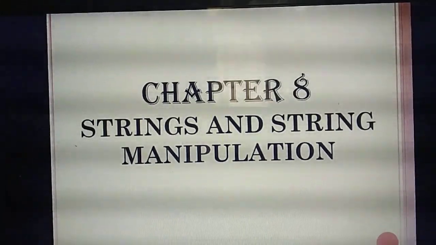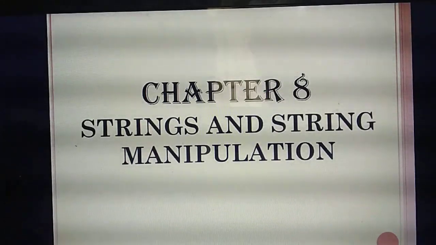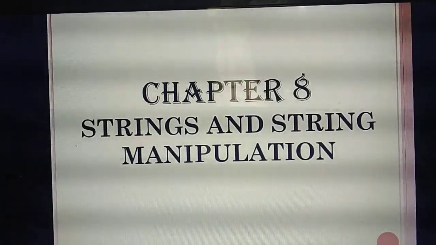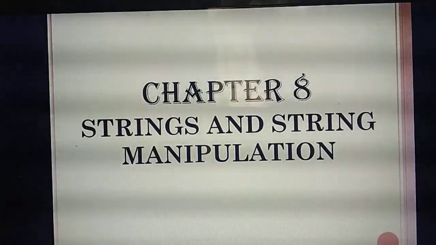I asked one question, types of scope or LEGB rule. If they ask a question like this, you should write the definition of the LEGB rule, then the tabular column, then the diagram, then the types of scope: local scope, global scope, enclosed scope, and built-in scope.